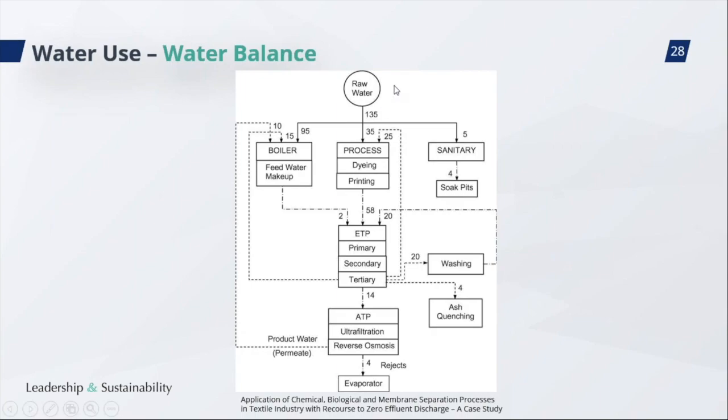And then you can see how the water flows through the plant. We also have some recycling here. So you can see that after the tertiary wastewater treatment, the third step in the wastewater treatment, we have recycling of 25 cubic meters per day that goes in here. So in total, what goes into the process here is actually 60 cubic meters per day, but only 35 cubic meters fresh water, etc.